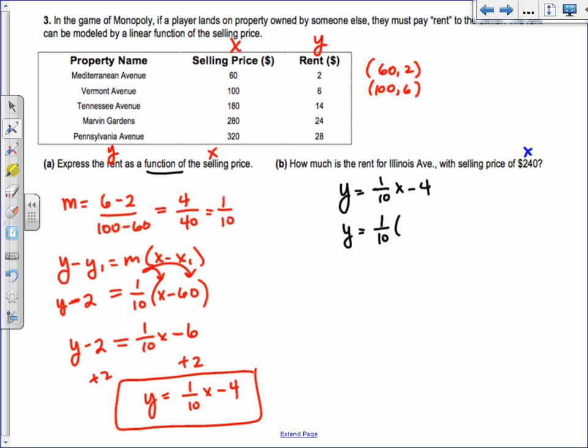And we're going to plug in x equals 240. Right? And then that's going to find the y value that's associated with that price, the rent that's associated. So I have 240 over 10, which ends up being 24, right? 240 divided by 10. Minus 4, so it's 20. So the rent for Illinois Avenue would be $20.